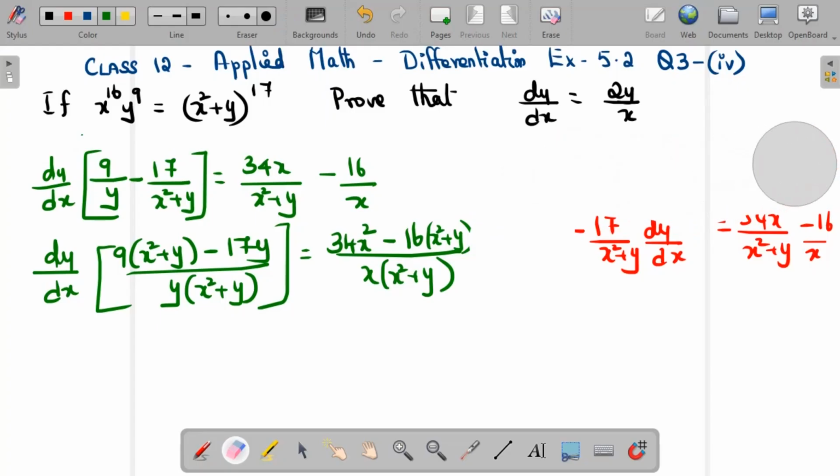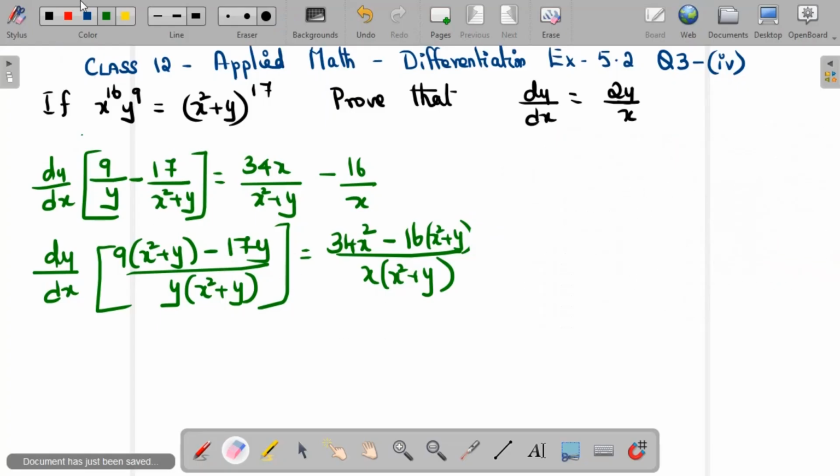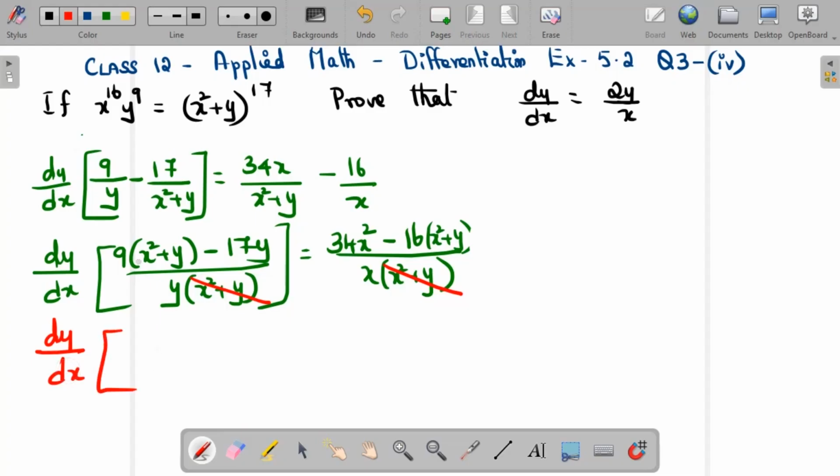Let me erase this side to get some space. So now let's continue. The next step is to keep the dy/dx and take the rest to the other side. This expression seems very big, so I'm going to strike out the (x² + y) from both sides; either way, when I take it there, it is going to remain outside. Now let's keep this dy/dx. I'm going to simplify the numerator. So it is (9x² + 9y minus 17y) over y.